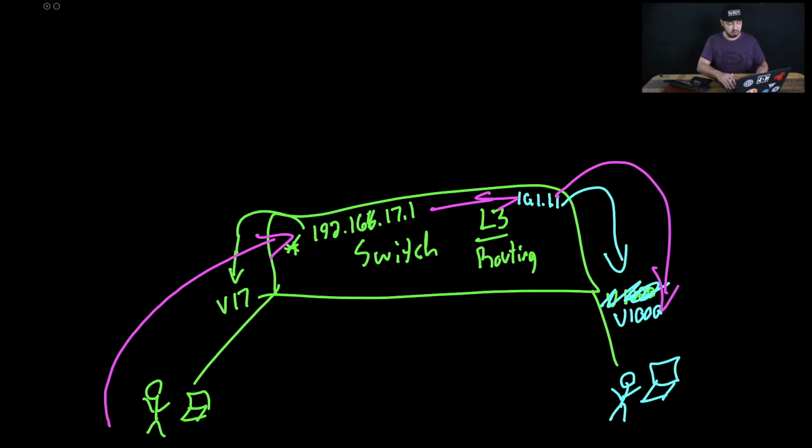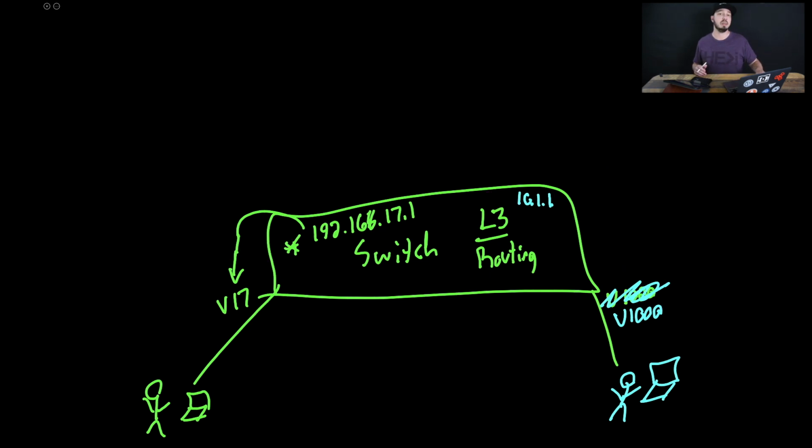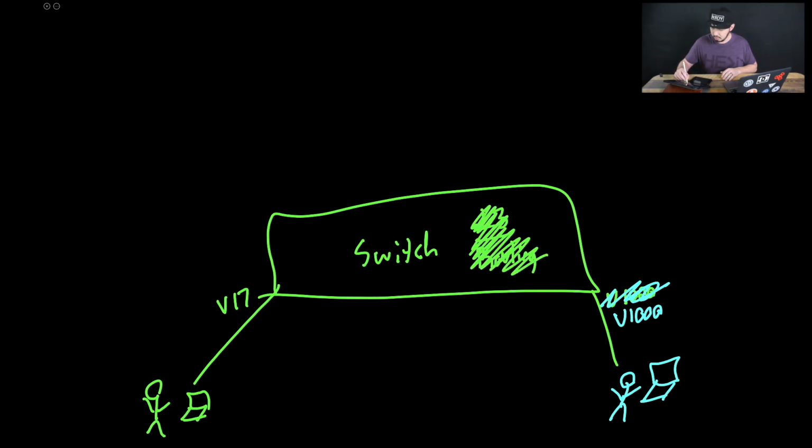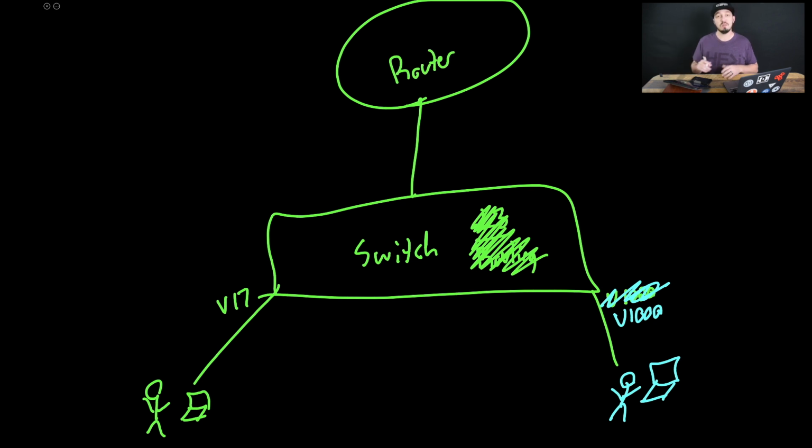And I also want to be very clear here. We don't have to actually enable routing on the switch. We could also have a router. So to do that, it would look something like, let's go ahead and draw this out. Instead of this switch having layer 3 enabled on it, we have a router connected to it. And all of those default gateways we were just talking about, so that VLAN 17 default gateway, that VLAN 1000 default gateway, those IP addresses, those would live right here on this router, and the traffic flow would look something like this.